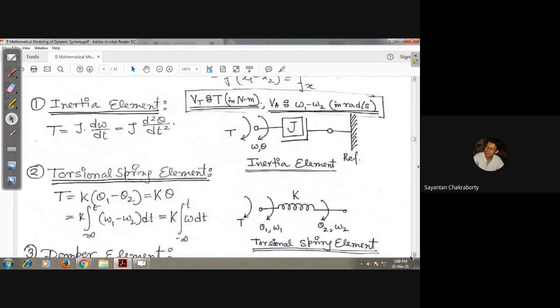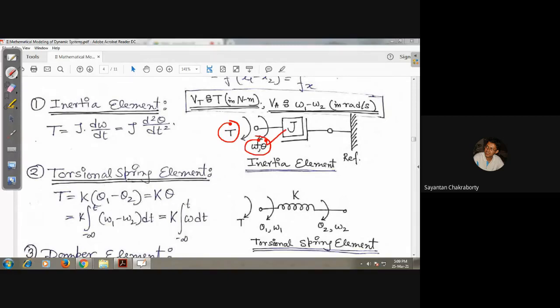Equivalently, for a rotational mechanical system, there will be three fundamental blocks. What are these? First of all is the inertial element. It is nothing but a mass, but instead of translational motion, it is free to rotate about an axis. So if you provide a torque T, there will be an angular displacement theta and angular velocity omega, so it will rotate in this direction.